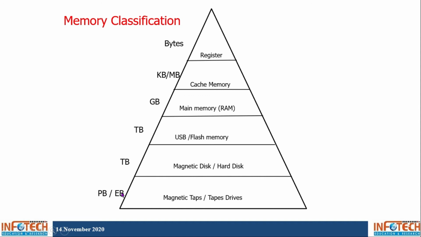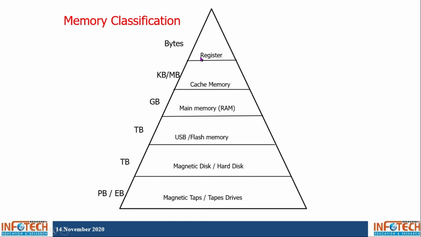A petabyte equals 1024 TBs, which means you could store about 341 million 3-minute MP3 songs. If you require even larger storage, there is the exabyte, which is 1000 times larger than the petabyte. So magnetic tapes provide huge storage capacity.